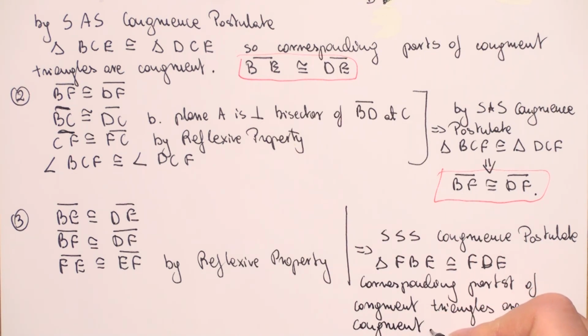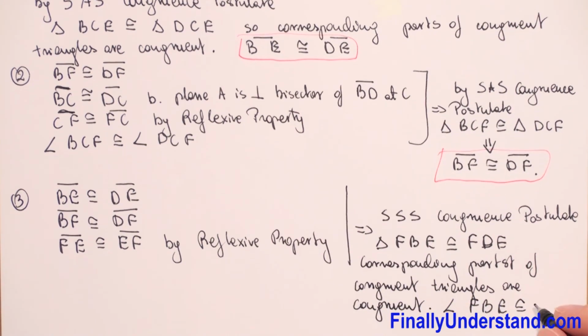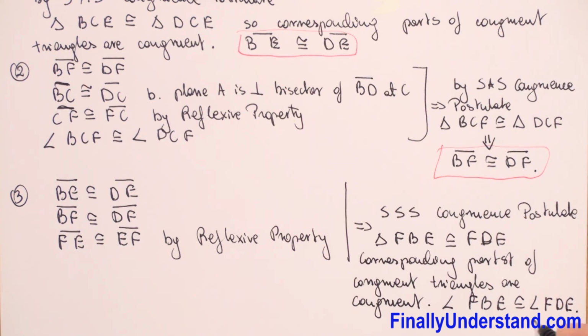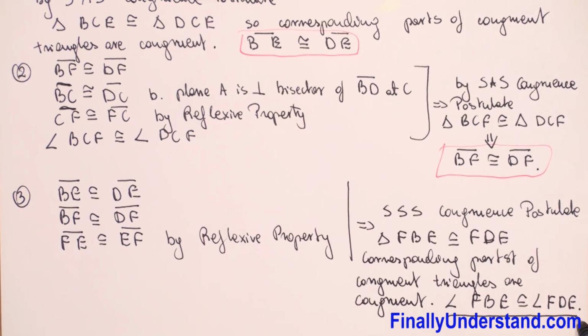So it means that angle FBE is congruent to angle FDE. So this is my solution.